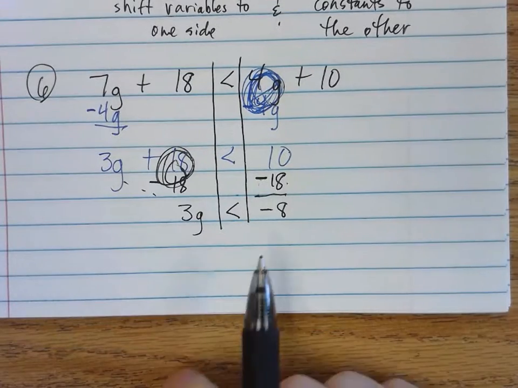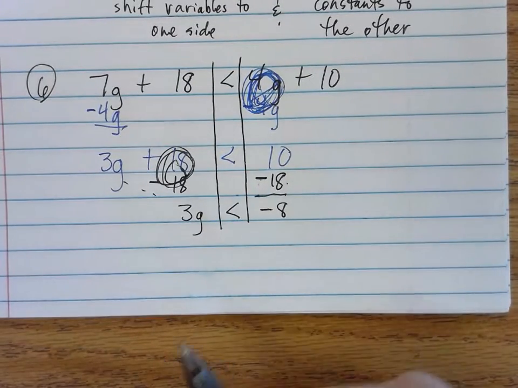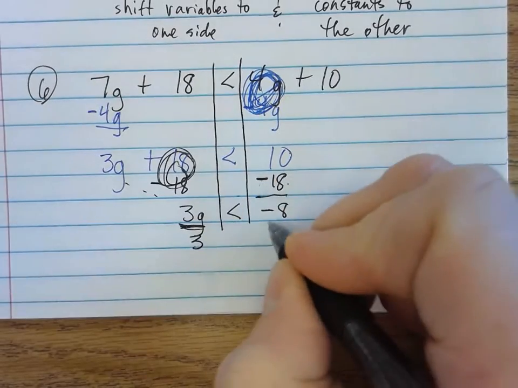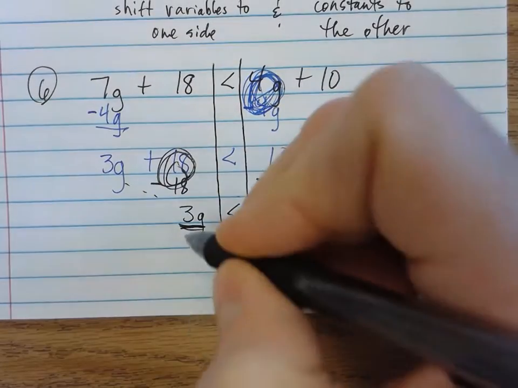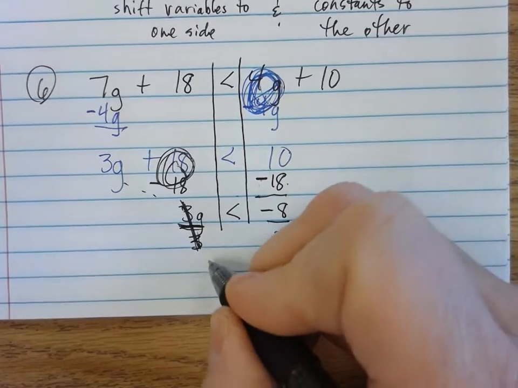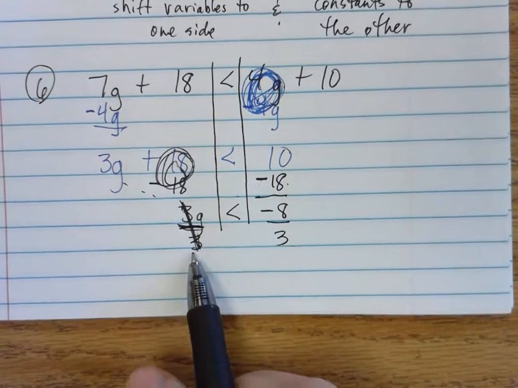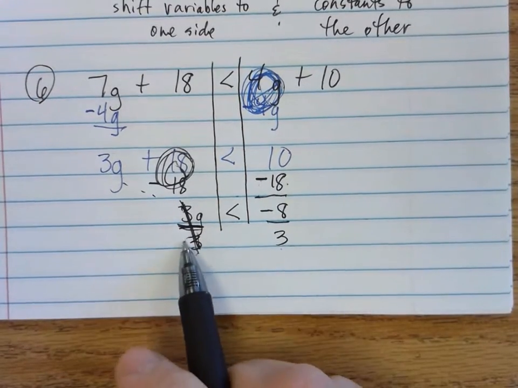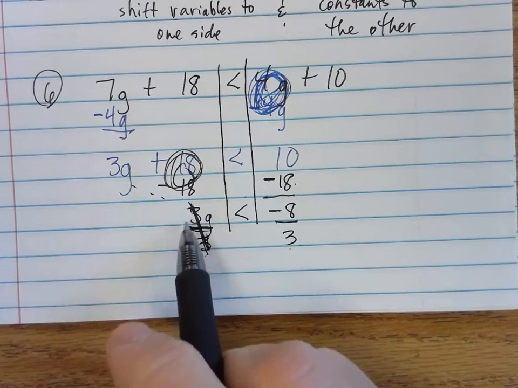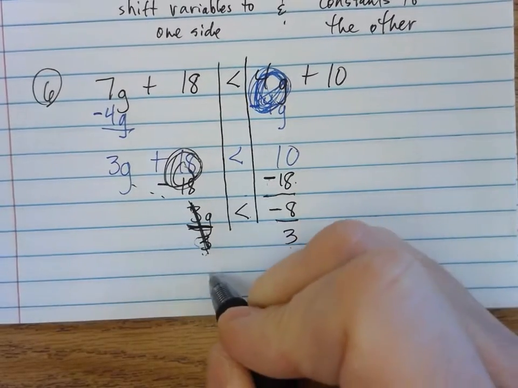Now, of course, 3 is not going to go in there exactly perfect, so we're going to have a fractional answer. So I'm going to divide by 3 on this side, divide by 3 on this side. So those will cancel out. Since I did not divide by a negative, this is dividing by a positive because there's a positive number in front of the G, I don't have to switch the symbol.